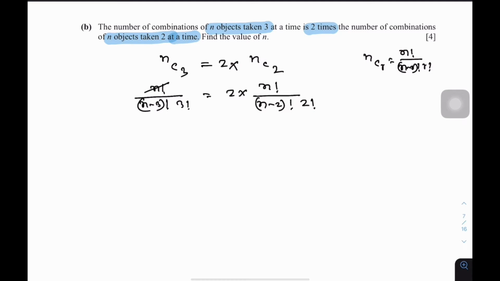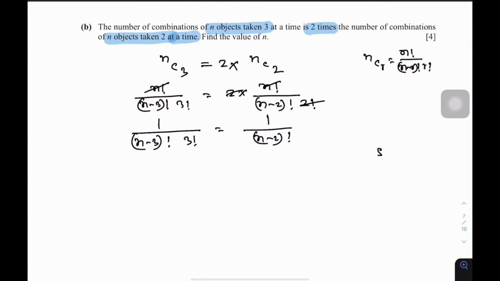We can simplify: n factorial cancelled, then 2 factorial means 2, so this 2 will be cancelled. So we can write finally 1 by n minus 3 factorial, 3 factorial equals 1 by n minus 2 factorial.